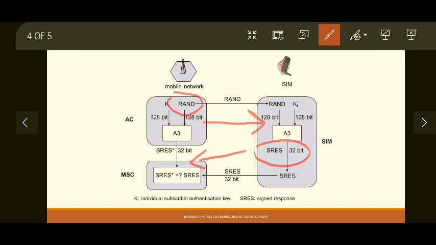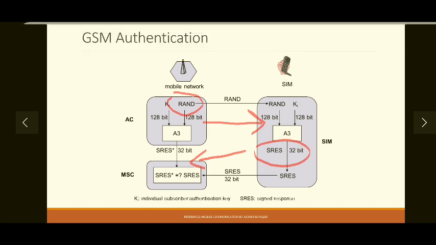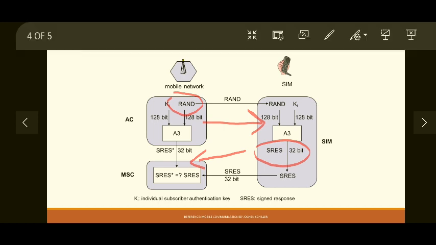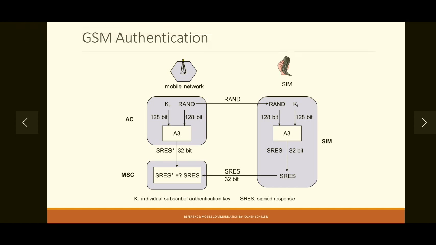If the response from the user is the same as the SRES generated by the network, then the user is authenticated. Otherwise, it is not authenticated. I hope it is clear now. So this is how authentication is performed, or the challenge response method is implemented, in GSM.